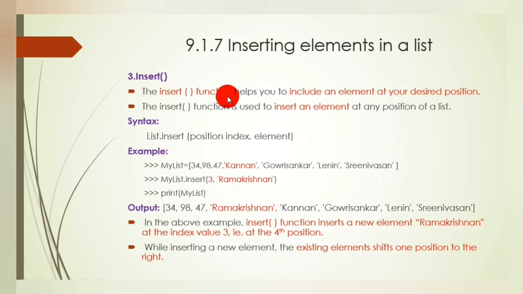The insert function helps you to include an element at your desired position. The insert function is used to insert an element at any position of your list. You can insert the element at the beginning of the list, at the last end of the list, or in the middle of the list. Where you want to insert the element, you can insert it at that particular place.